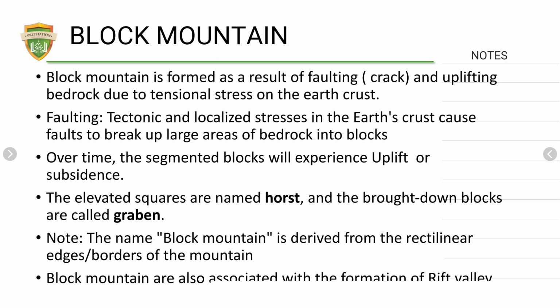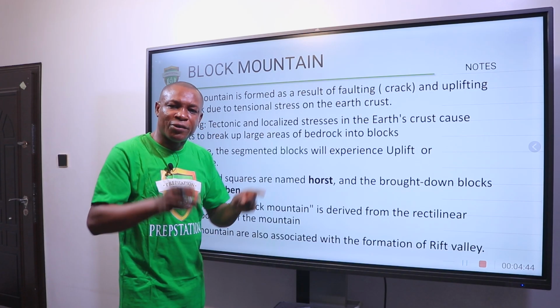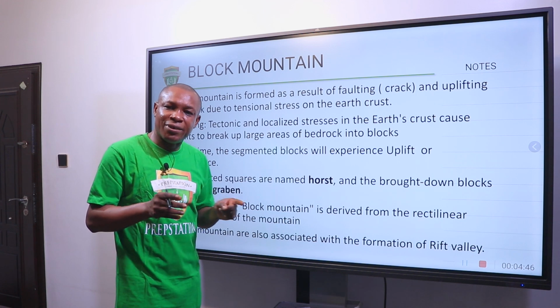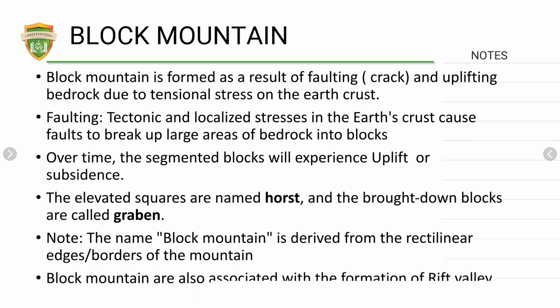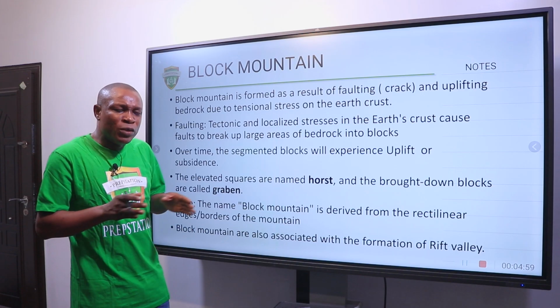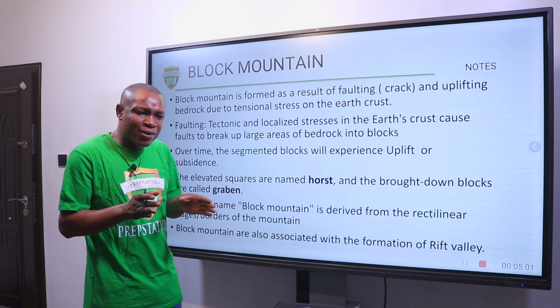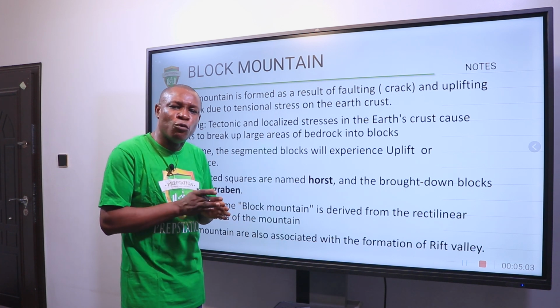Block mountain. These are mountains formed as a result of faulting. Faulting has to do with development of cracks, tiny cracks. So block mountain is formed as a result of faulting or crack. And when this faulting or crack occurs, with time, with continuous stress, that tiny crack will widen.